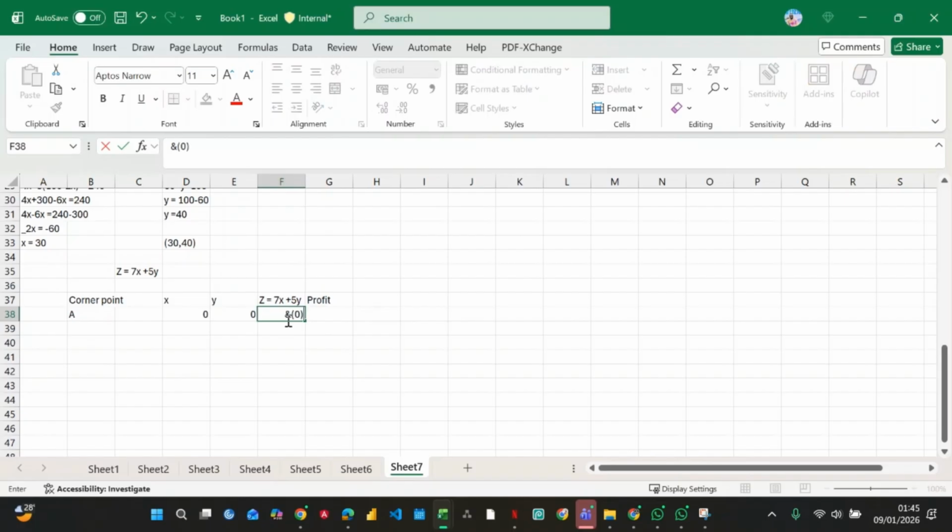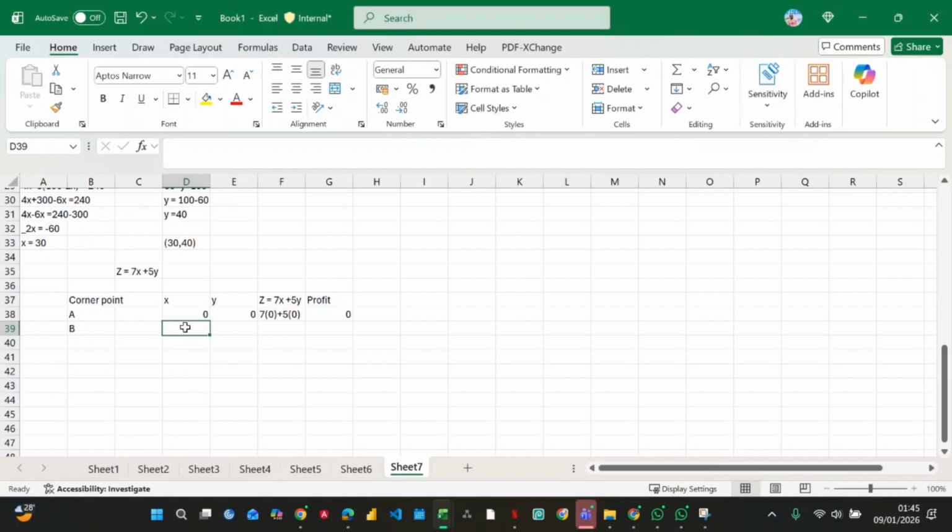Then what do you have here? 0. Do you understand? Yeah. And so what is here is going to be 7 into 0 plus 5 into 0, right? And then it will give you what? 0.